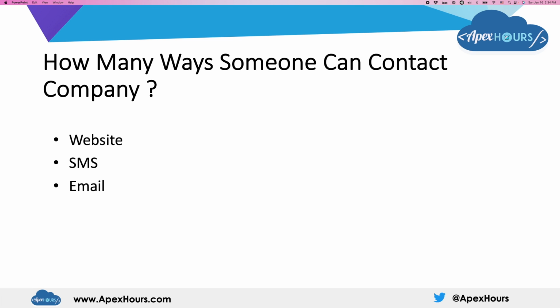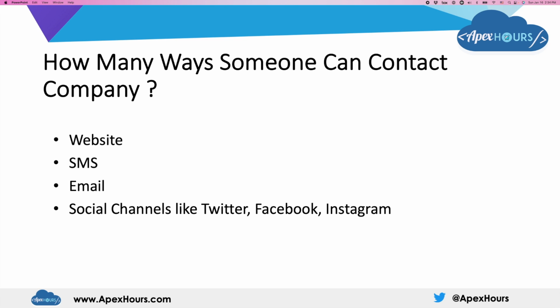Another channel, sometimes considered traditional, is sending an email. Not very efficient these days, but there are still many people who prefer this channel. And like we discussed, other social media channels like Twitter, Facebook, Instagram, etc. And the most important channel that we should not miss is really WhatsApp.